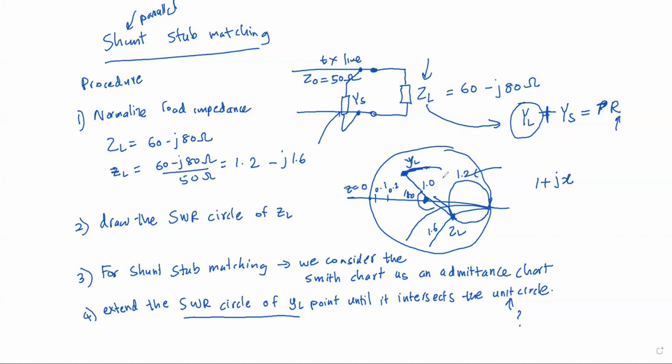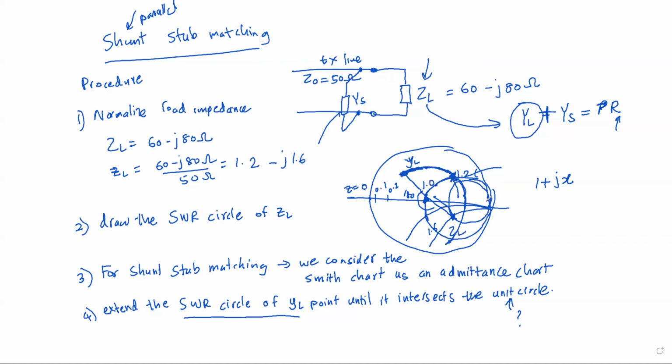I think it's not available, so you need to take the circle with this radius and draw it until it intersects the unit circle, the circle with the 1.0 value. You need to extend this circle from the YL point until it meets the unit circle. There is not only one intersecting point, there are two, and you need to find both.